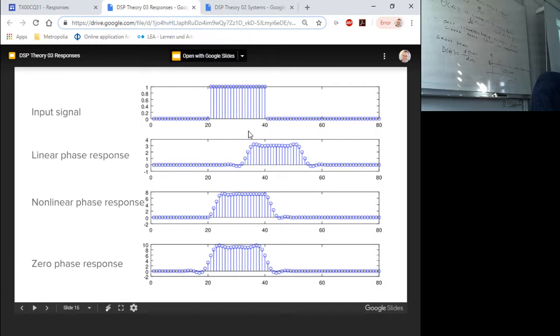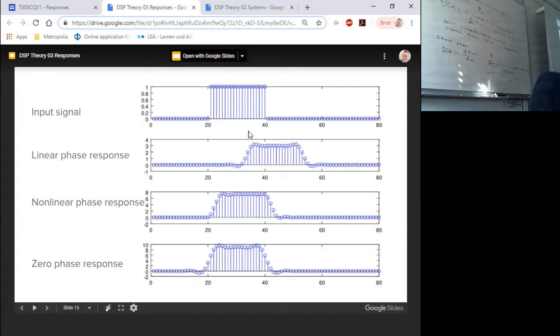Nonlinear phase shift treats the rising edge differently from the falling edge. This is not symmetric anymore. There is overshoot on the rising edge and undershoot on the falling edge, meaning it has non-constant time delay.